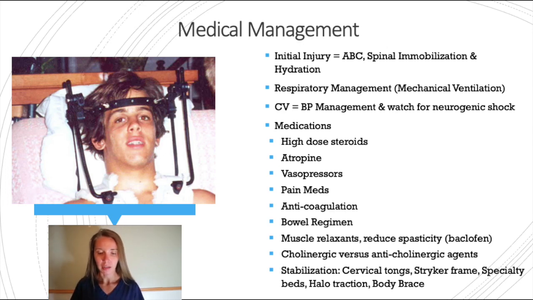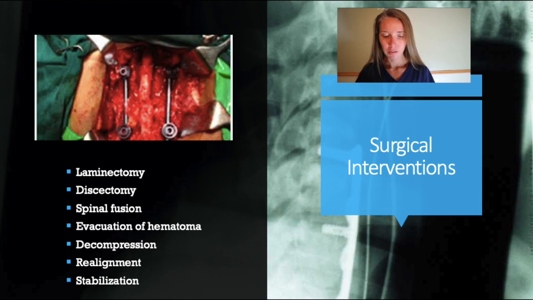We said before that we have to stabilize them. If they have a fracture or spinal cord compression, they may need to go for surgery, but we will also use traction. We will use different types of body braces, back braces, and neck braces to help the patient move in bed. These are the different types of surgical interventions that we can do.